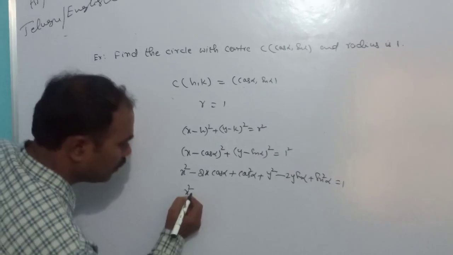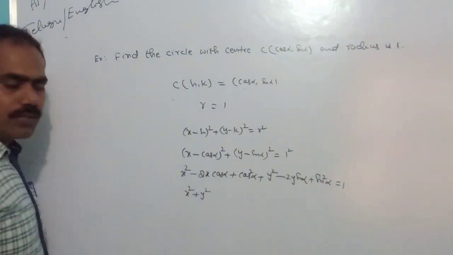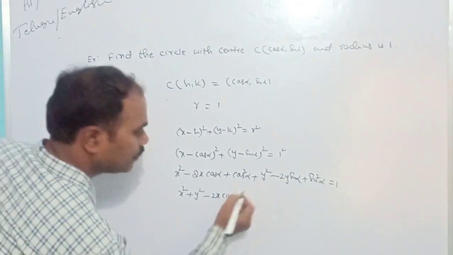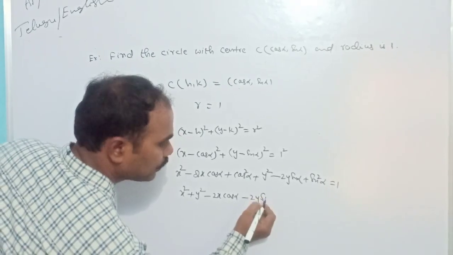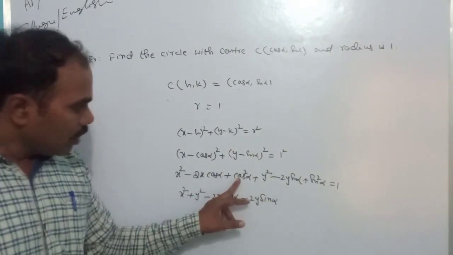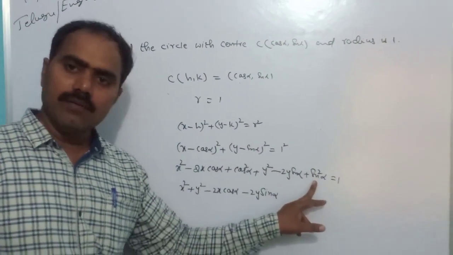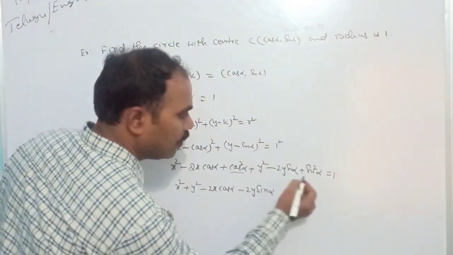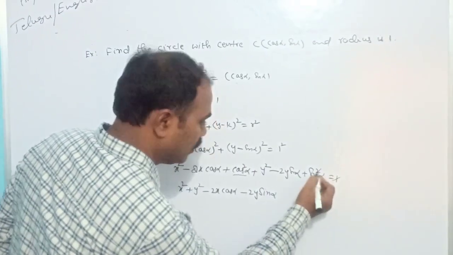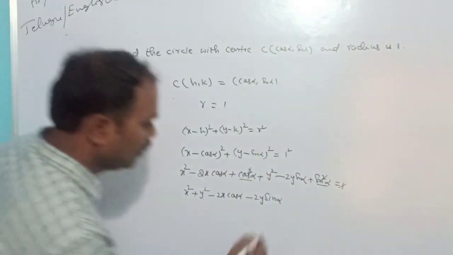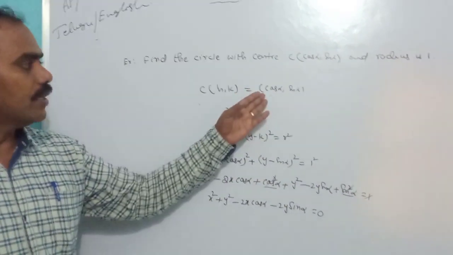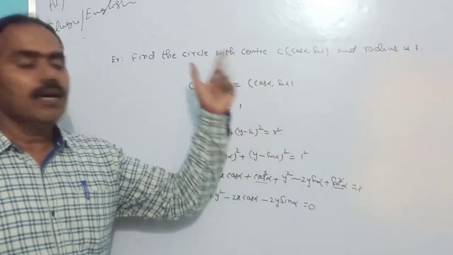On simplifying, x square plus y square, then the x term is minus 2x cos alpha and the y term is minus 2y sin alpha. Here cos square alpha plus sin square alpha is always 1, and that 1 and this 1 cancel. Now this is the equation of the circle with center (cos alpha, sin alpha) and radius 1 unit.